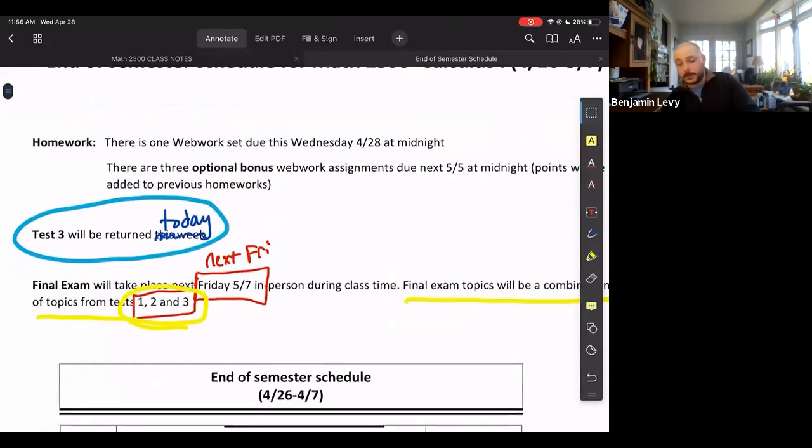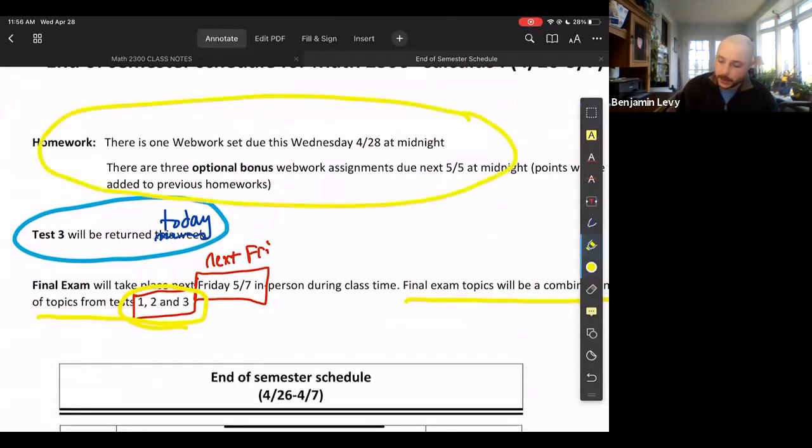I'll say it again on Monday, but there's optional homework due next week that you can apply as bonus points. I had previously said you can't get more than 100% on homework, and I still like to stick with that. If you have 100 on the homework, you got 100 on the homework. But I could imagine someone has 100 on the homework but not 100 on quizzes or tests, obviously. So I'm not going to just add points to your homework.